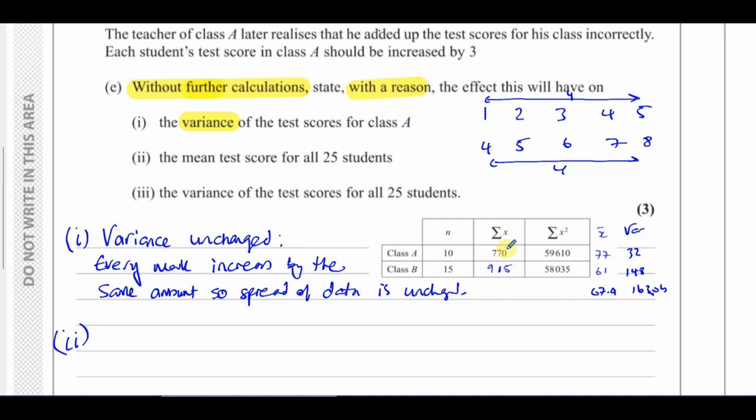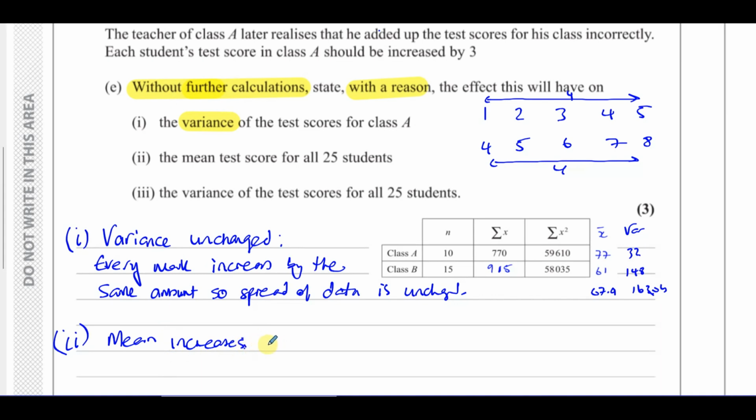The sum of X will be higher for A. The sum of X for B will be the same, but the total sum of Class A plus Class B will be increased, yet the number of students will still be the same. So the mean is going to increase. The mean is increased. Okay, so I can say the mean increases.